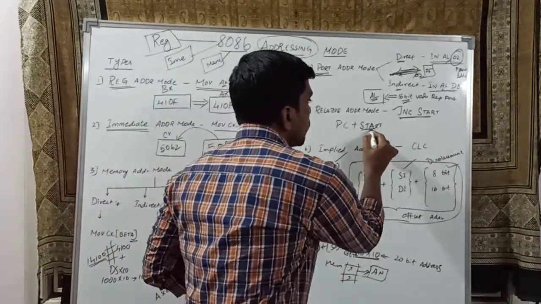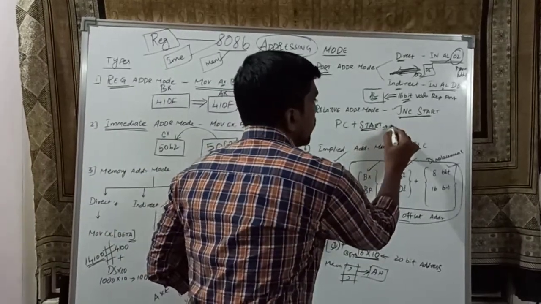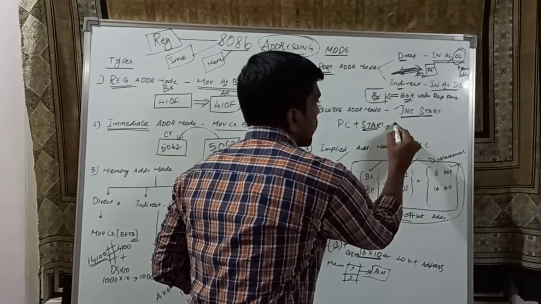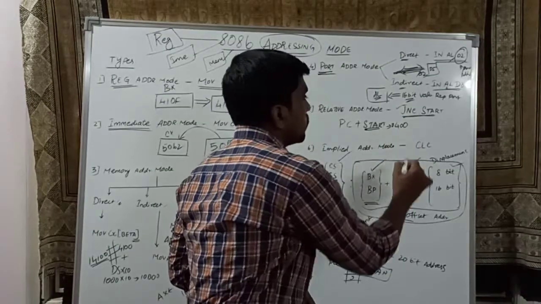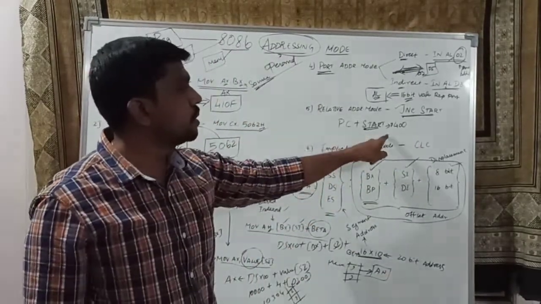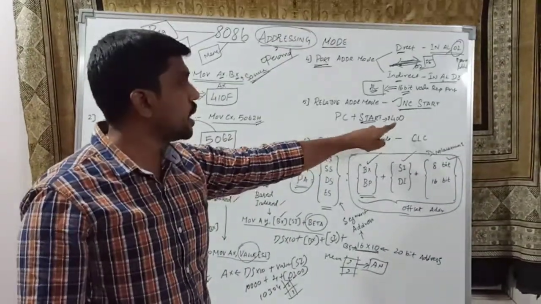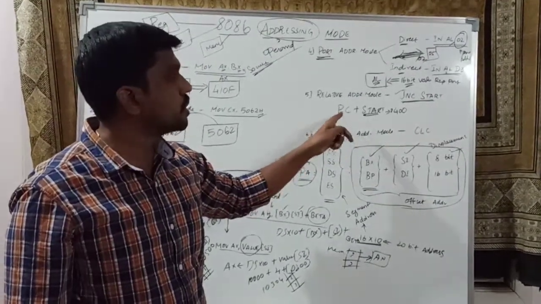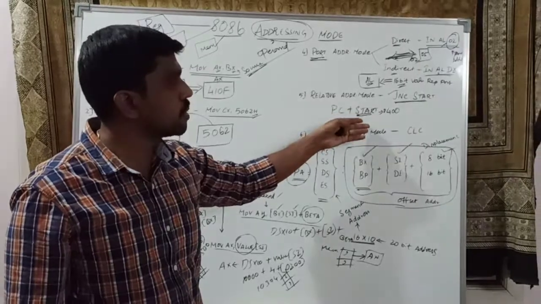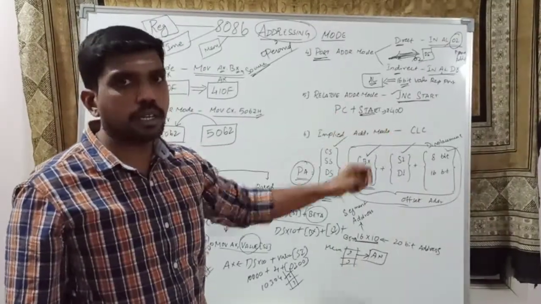Start is a label, and this label has some data, some address location, for example 400. Just adding this data to the program counter value, you get the new memory location. In this memory location, whatever instruction is present, that instruction will start and execute.